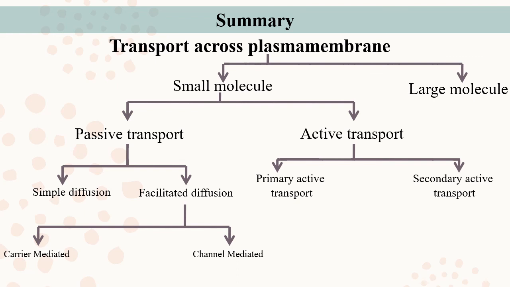Passive transport can be further subdivided into two, that is simple diffusion and facilitated diffusion. In simple diffusion, a molecule can simply cross the plasma membrane, whereas in facilitated diffusion, some proteins are required which act as a facilitator. Facilitated diffusion can further be subdivided into carrier mediated and channel mediated facilitated diffusion.